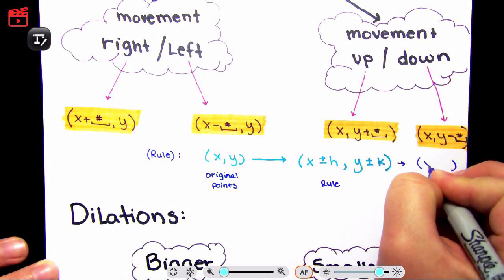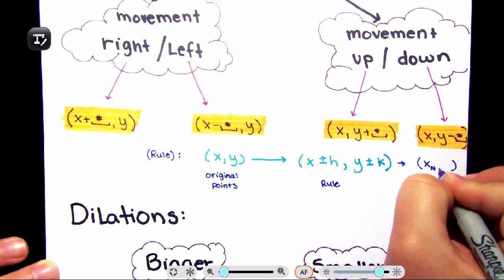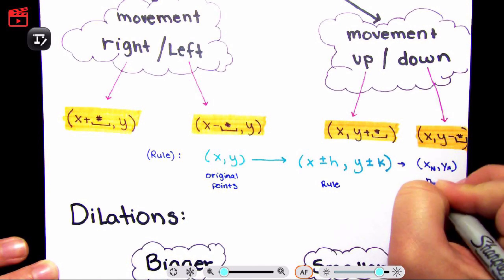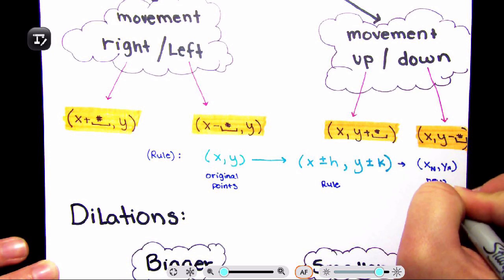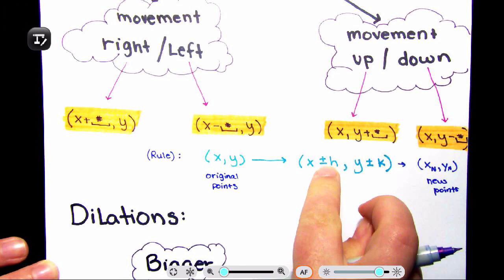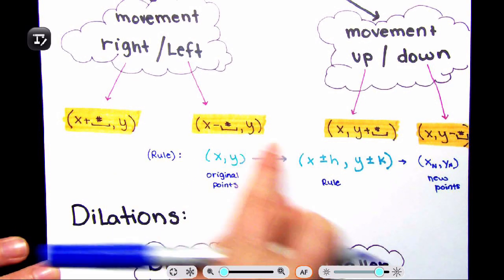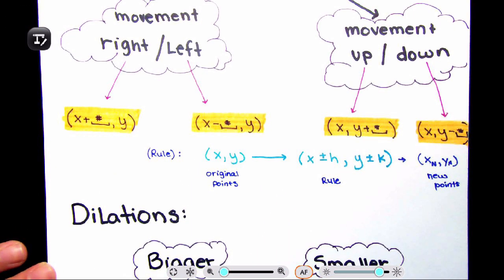And I'm going to call this x new and y new, so little n there. And this is your new points. This plus or minus means we can have a plus number or we can have a minus number for both the x and the y values.